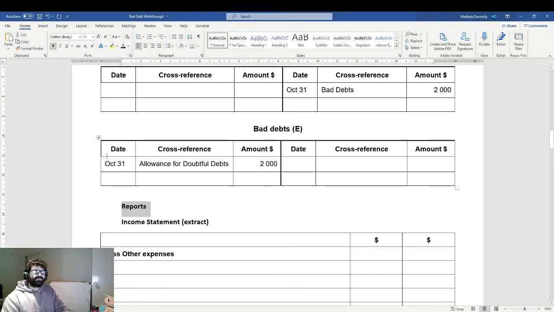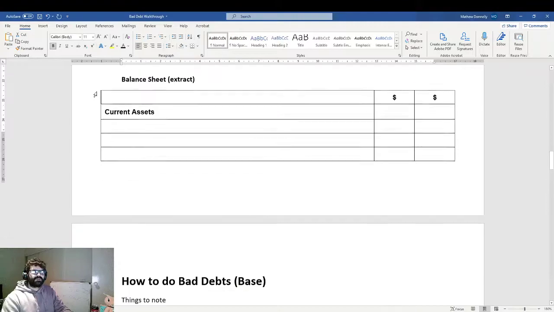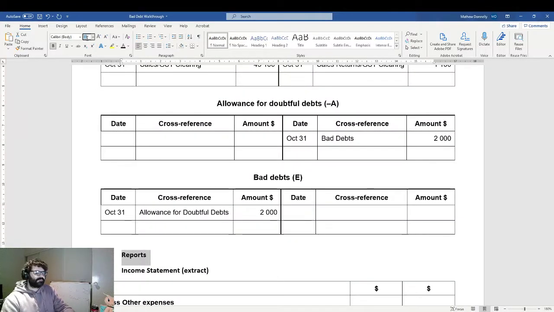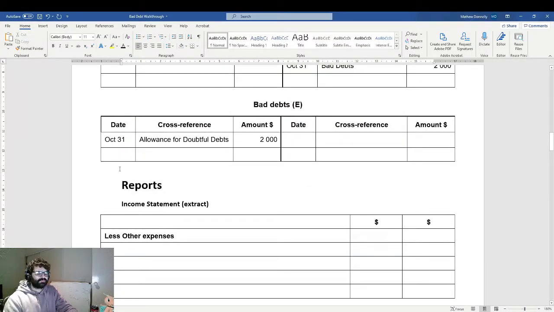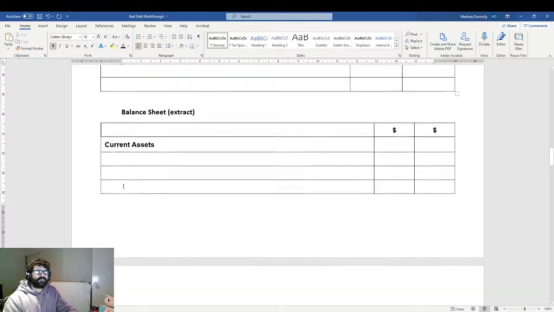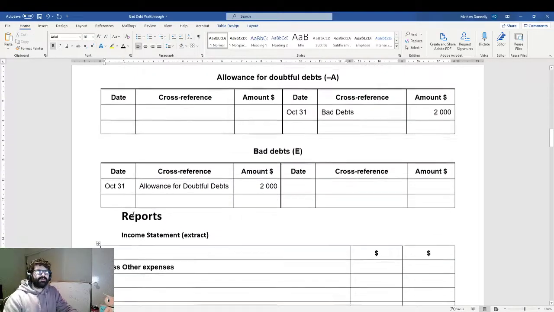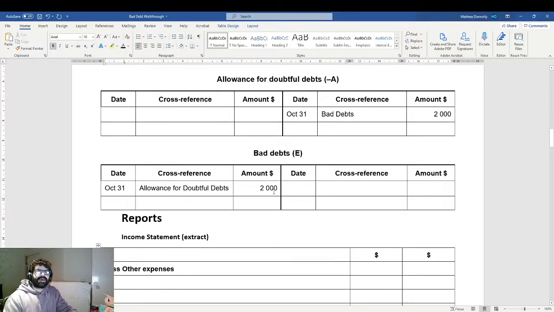Now, how does this look on the reports? So how does this look on our reports? Now, the main thing is this bad debts during October 31 will go to the P&L summary, and you would close it off at the end of the month.